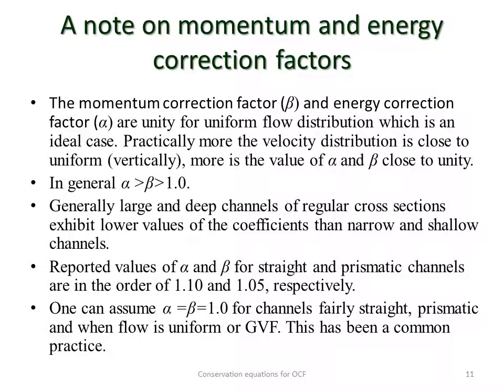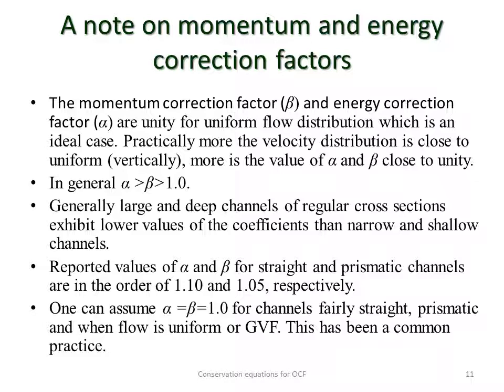Before concluding this discussion, let's discuss something about momentum and energy correction factors. We already discussed and we know what they are. Let's discuss what kind of typical values they have in the context of open channel flow.